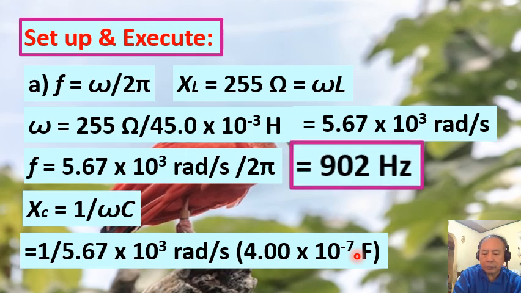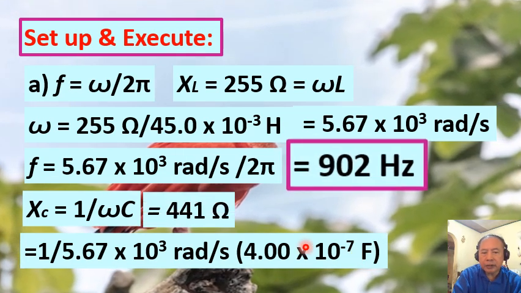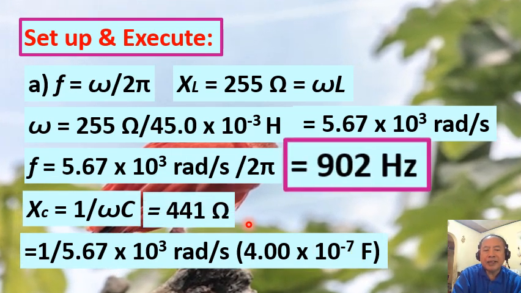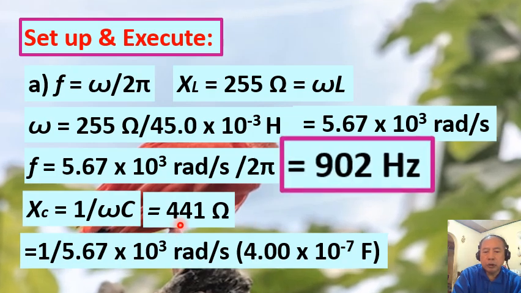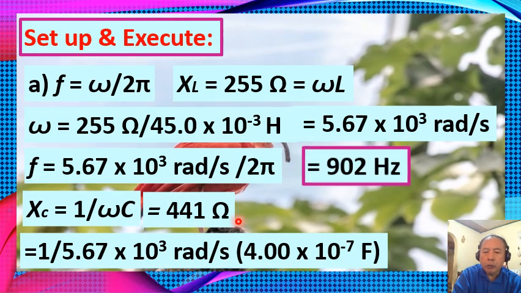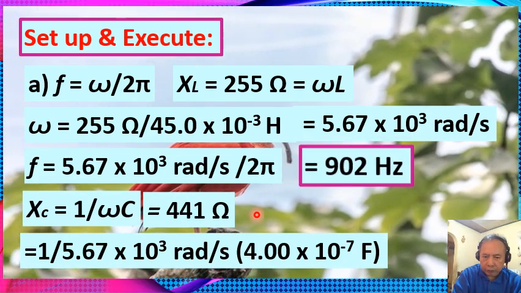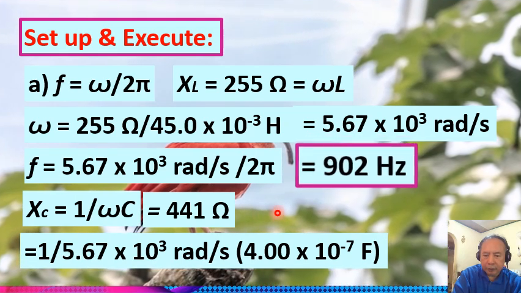So doing our math, we get the value of the capacitive reactance equal to 441 ohms, rounded also to 3 significant figures.